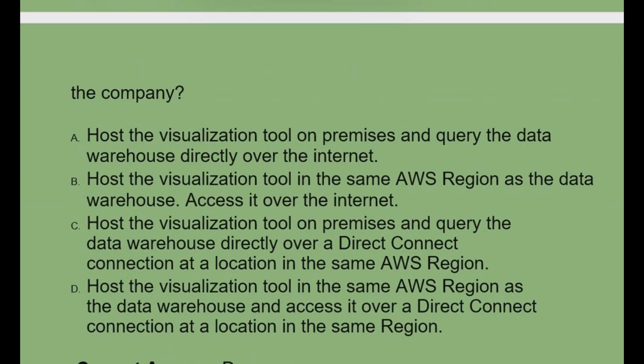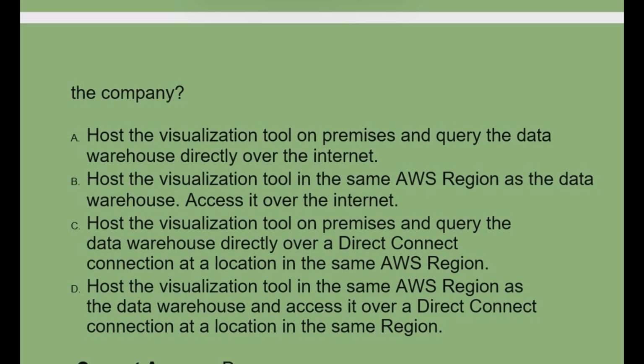Which solution provides the lowest data transfer egress cost for the company? Option A. Host the visualization tool on premises and query the data warehouse directly over the internet. Option B. Host the visualization tool in the same AWS region as the data warehouse. Access it over the internet.